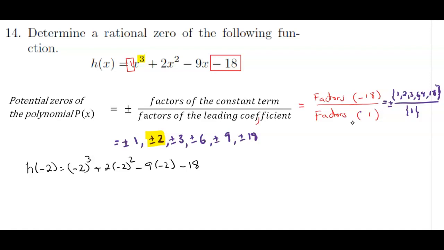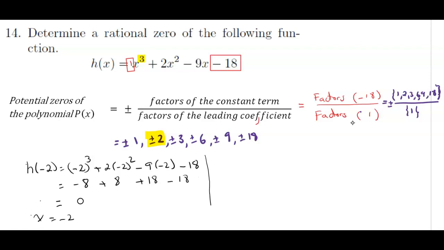Minus 2 cubed is minus 8, 2 times minus 2 squared is plus 8, minus 9 times minus 2 is plus 18, and minus 18. You can see this is equal to 0. So minus 2 is a 0. The first 0 we found is minus 2, x equals minus 2.